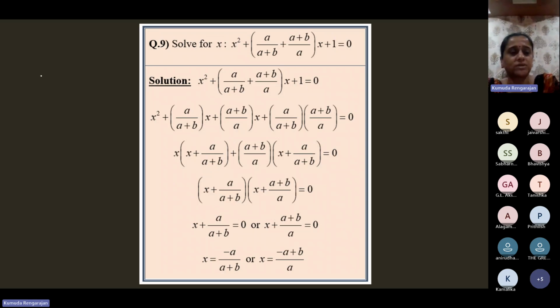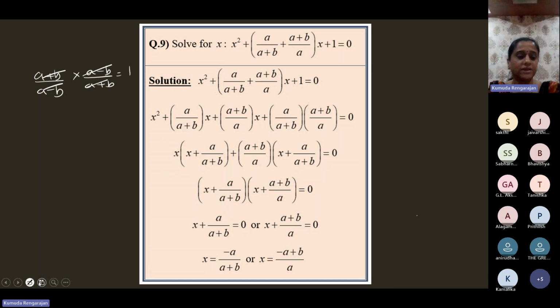So if you take the expression a plus b by a minus b, what is its reciprocal? A minus b by a plus b. And the product will be 1 because a plus b and a minus b get cancelled. So the product of an expression and its reciprocal is 1.